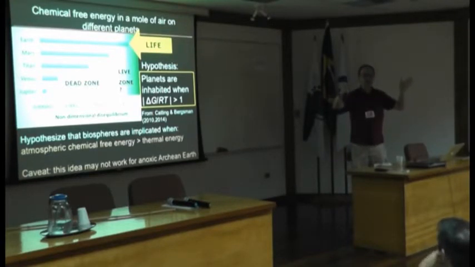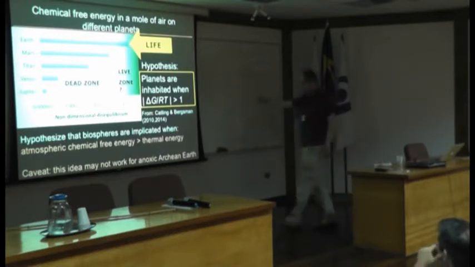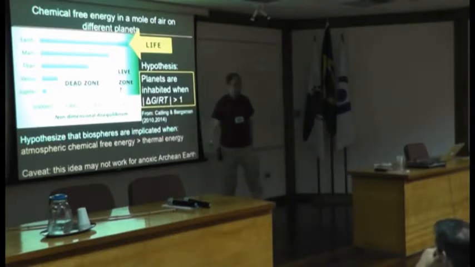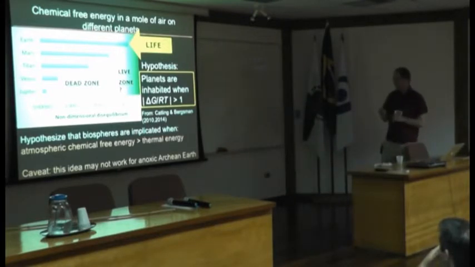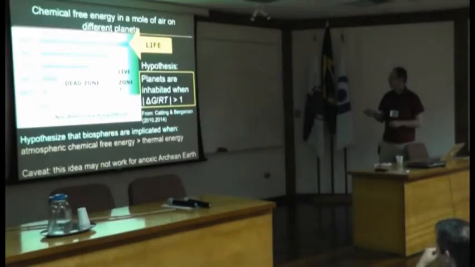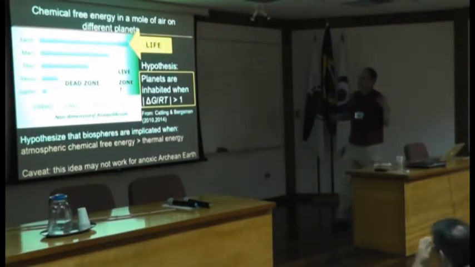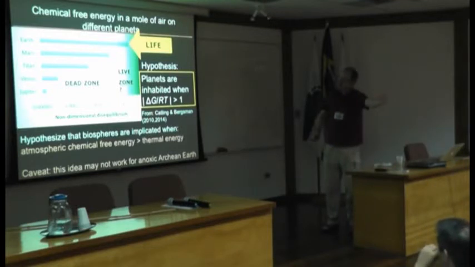How much energy do you get? So that'll be joules per mole here. And what's underneath the RT is just the thermal energy, which I've normalized to, because planets close to the sun get more energy, free energy from the sun, so I wanted to try to normalize for that. This is a little arbitrary, but I just stuck RT in there, and then you get a non-dimensional number.